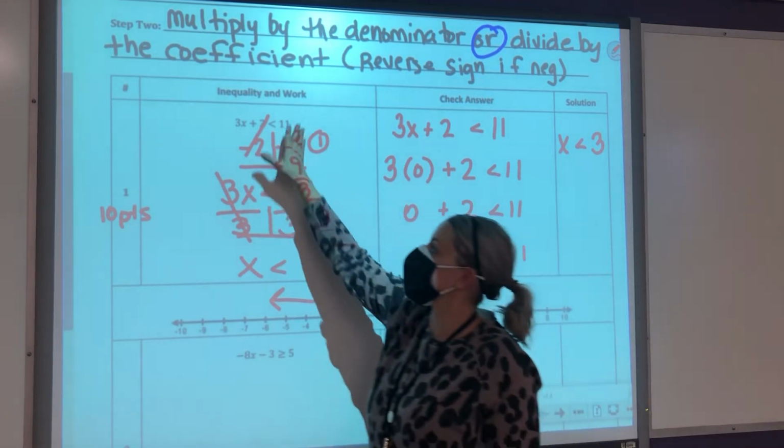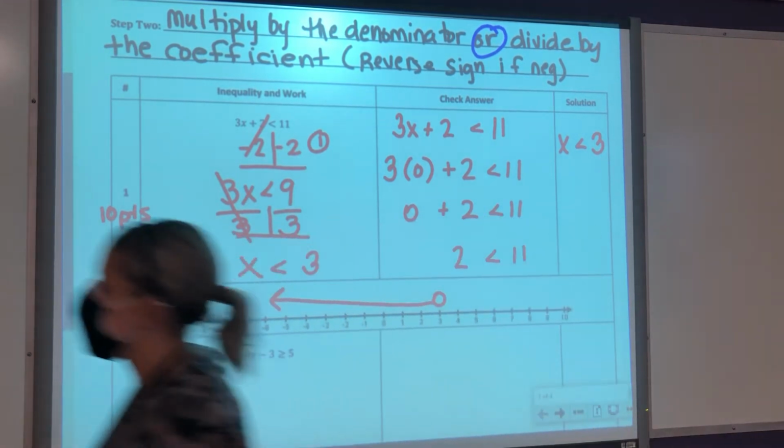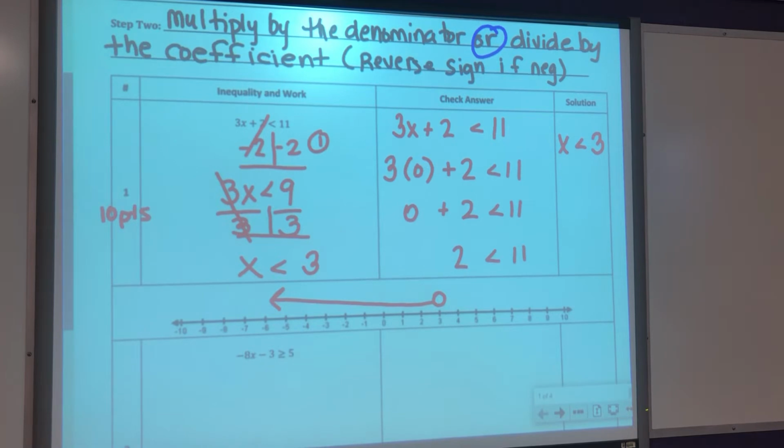So it's just like when I solve the two-step equations, I did the same thing. I drew my upside down T, inverse operation. And then I did it again, because my variable still wasn't by itself.